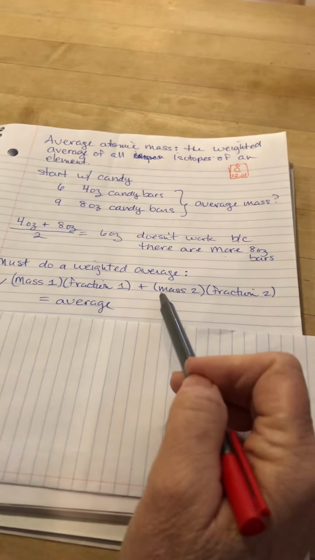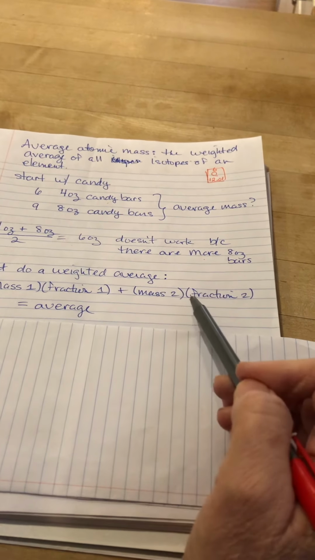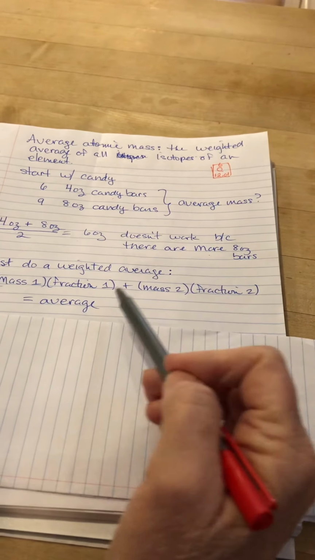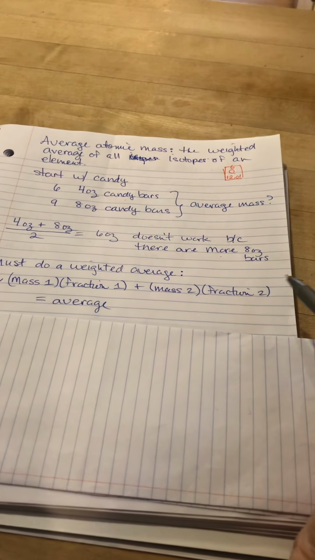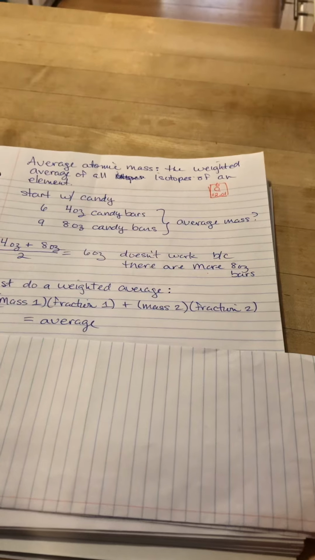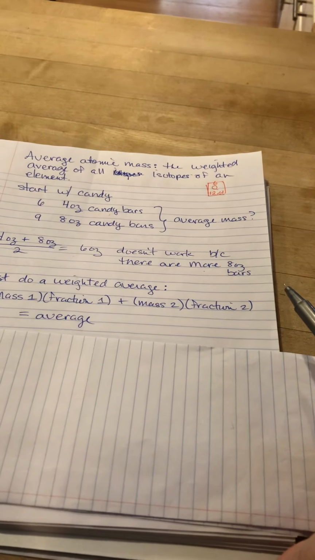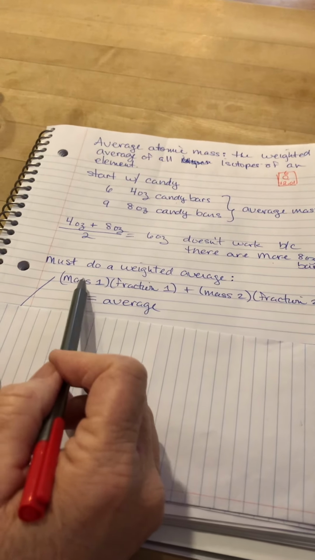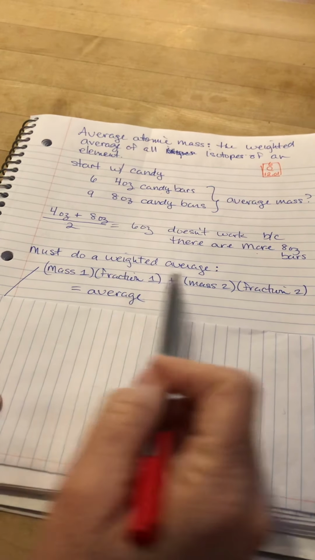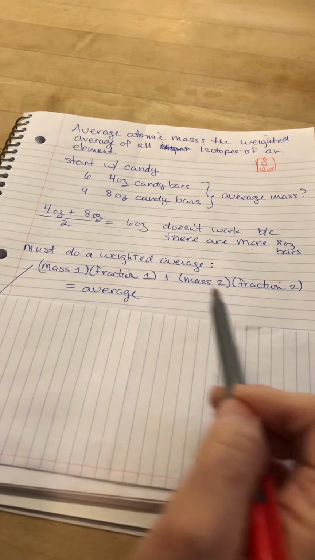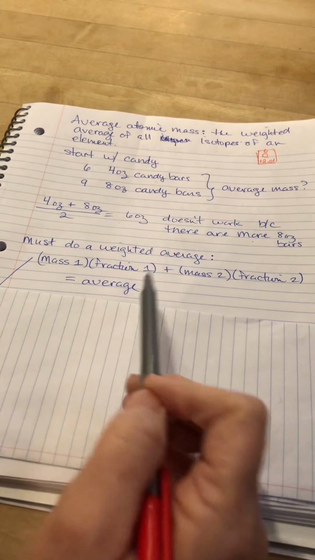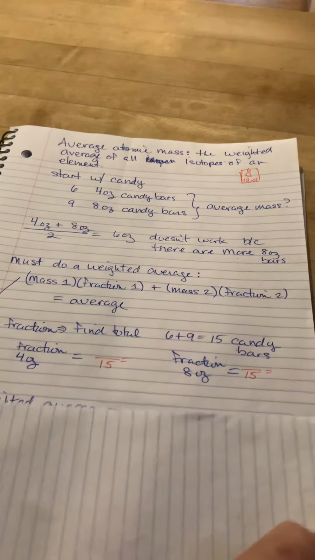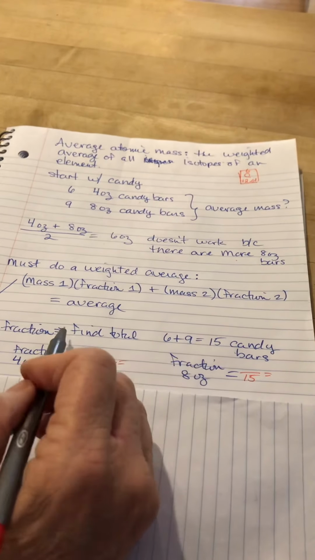Then you take the mass of the second isotope times the fraction of that isotope. And if you happen to have 3 isotopes, you would do mass 3 times fraction 3. I've given people problems where there were 5 fractions. But anyway, this basic, mass 1 times fraction 1, added to mass 2 times fraction 2, gives you the average atomic mass. It's weighted. So what we want to do is the candy bar problem.